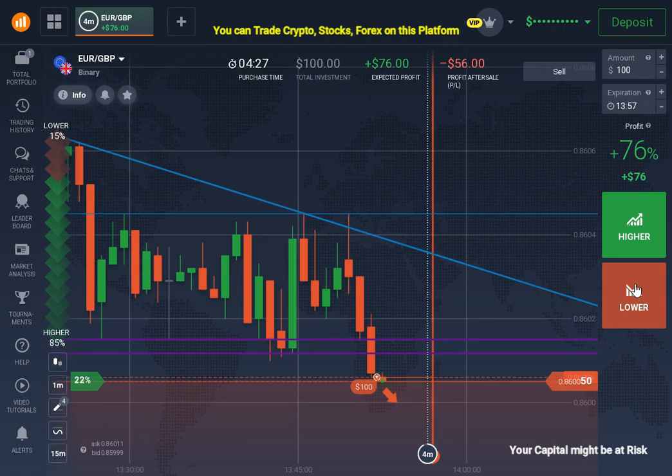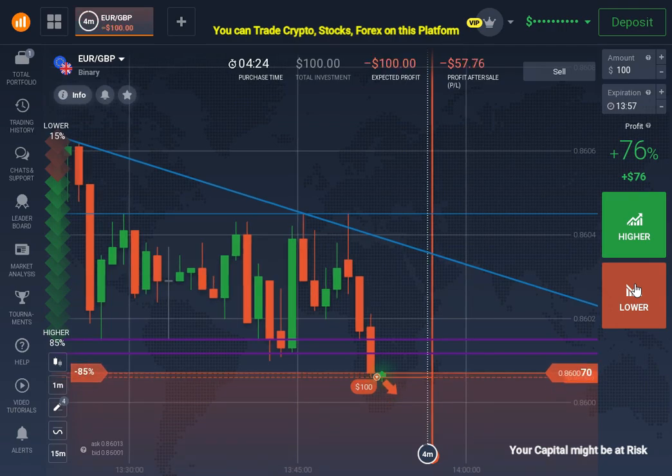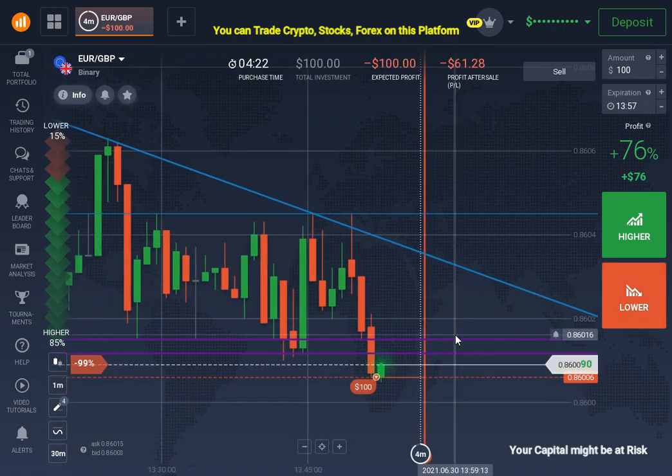So we have placed our trade here because we got a clear breakout here, and let's wait for the result, and after the result I will explain to you the complete setup. So let's wait.